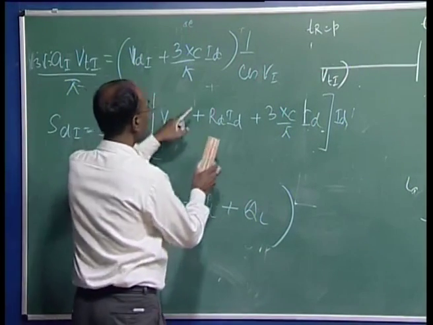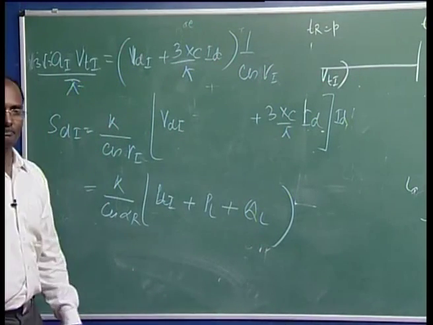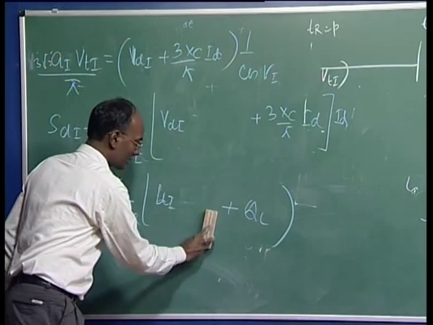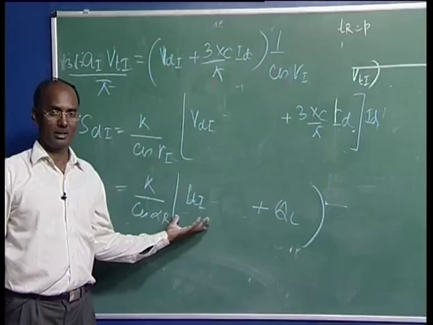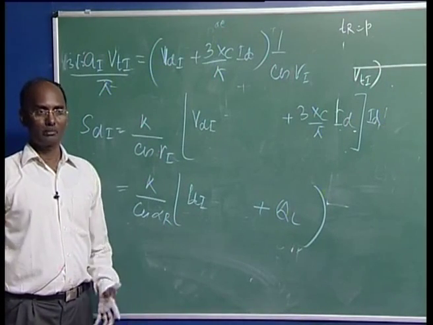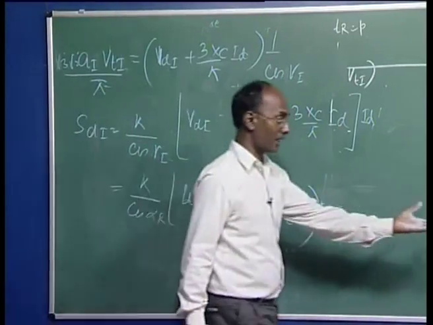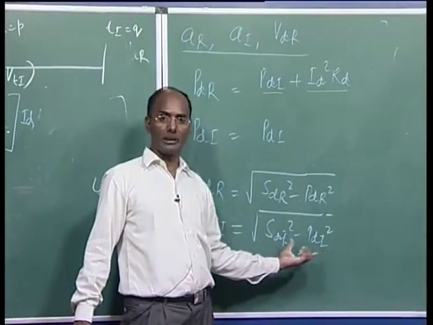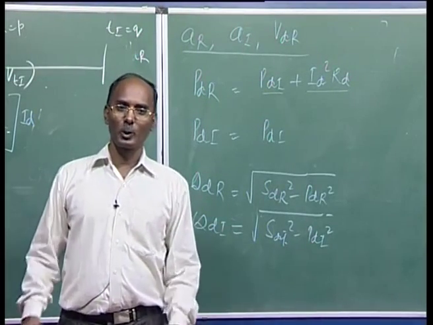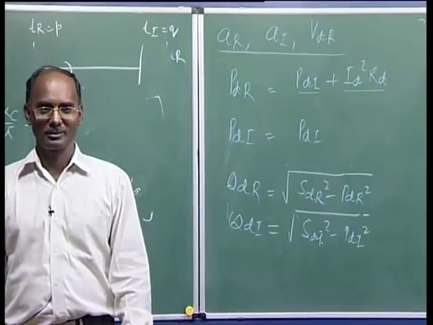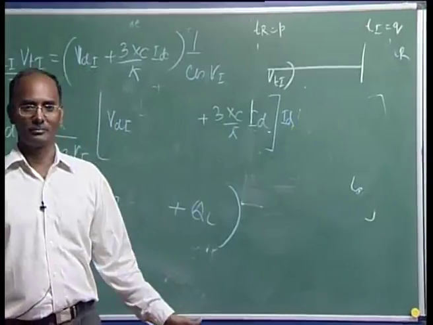Now VDI is already there, so this term will not appear. You can see this is also independent of your VTR and VTI. If you are differentiating with VTR and VTI, because this is an independent constant, you are also getting 0. So all 8 elements, whether 2, 6 or 4, will be 0.